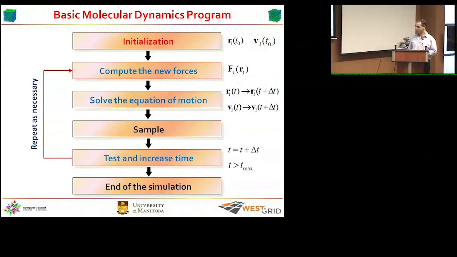Then we increase the time. So we have a computation at time t equals 0. Now we increase the time and do the same loop as many times as we need. At each iteration, we increase the time, and when the simulation reaches the maximum time we need, we end the simulation.